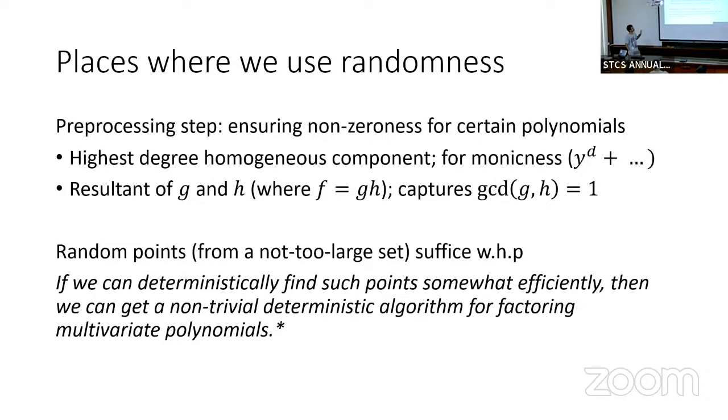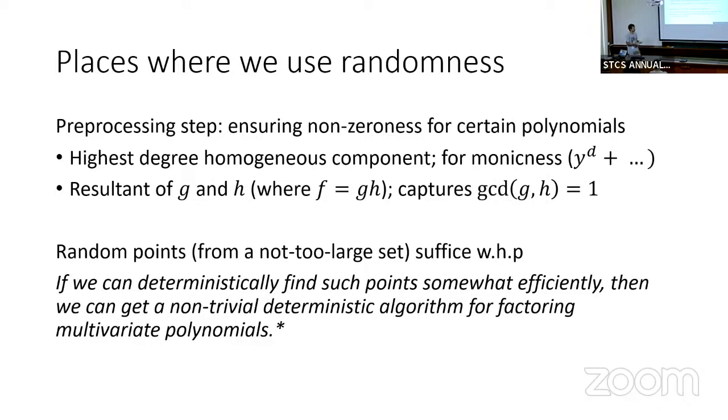And the idea here to de-randomize this is if we can deterministically find such points such that you can ensure these conditions to be true, then you can get non-trivial deterministic algorithms for factorizing multivariate polynomials. There's a star there because this is all a simplification, but the main idea is this: there are some points where you are randomly doing some things and that we know how to do efficiently.